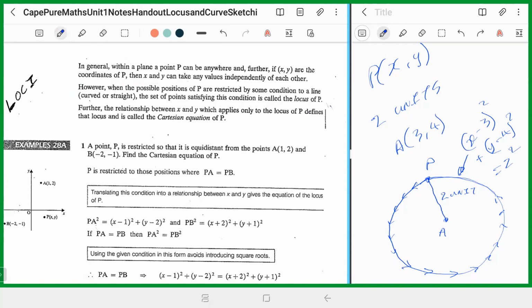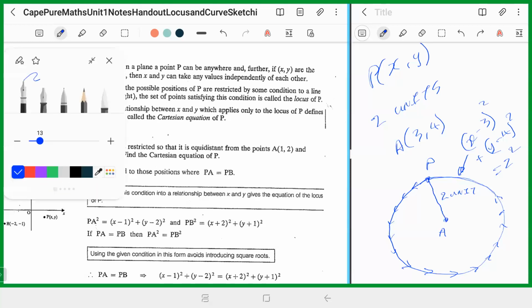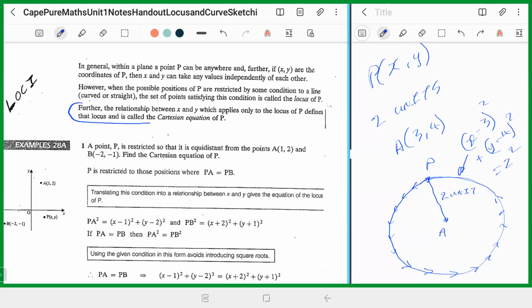And that set of points oftentimes falls on a curve or on a line that you can write as an equation. That's what this other part is saying. It says, further, the relationship between x and y, which applies only to the locus of P, defines that locus.